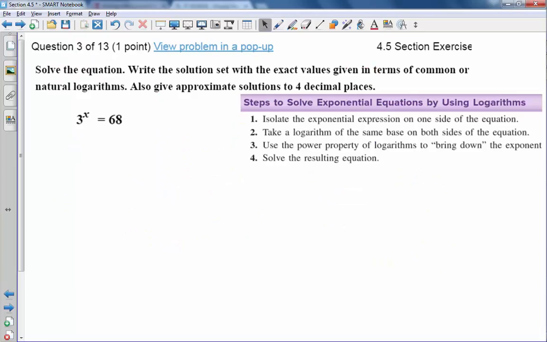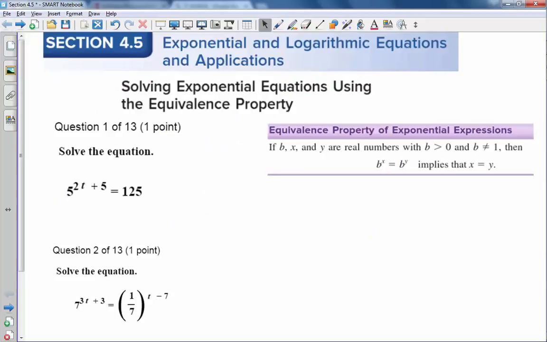All right. We are starting 4.5 unless you have any questions in the previous section. 4.4 is over. In 4.4 we have completed all our laws about logarithms.